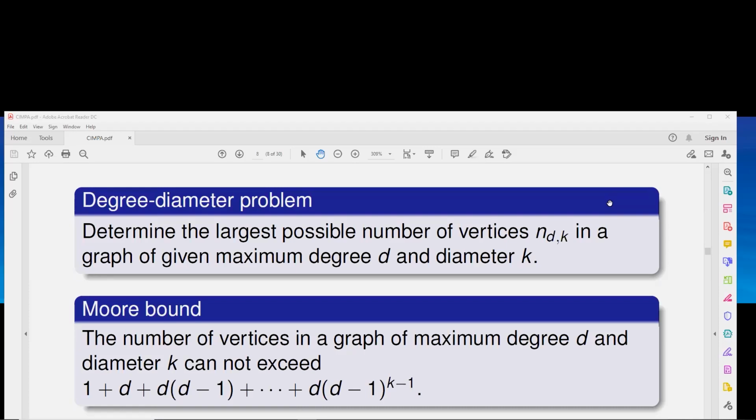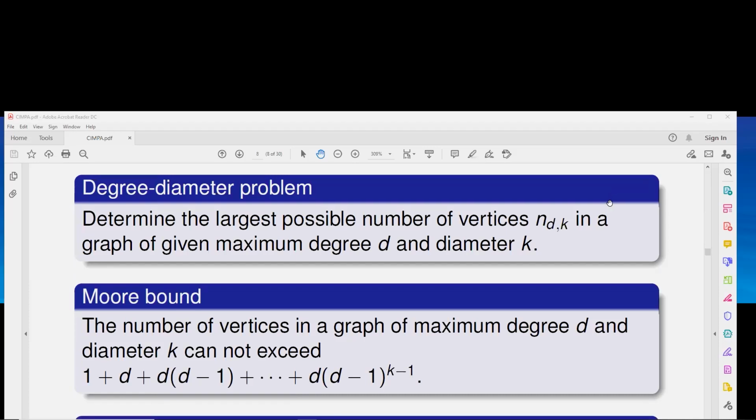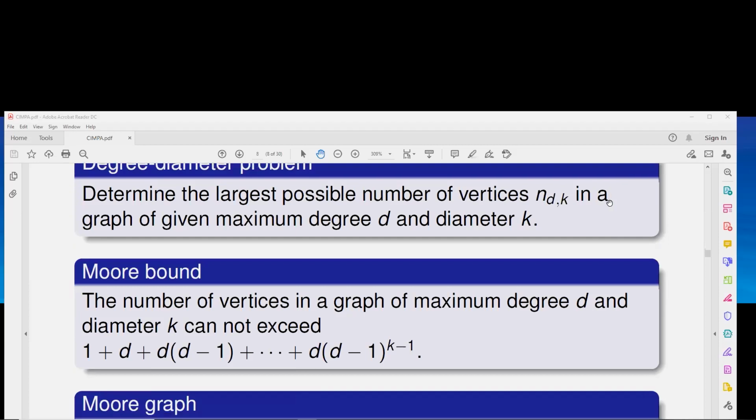As you can see here in the Moore bound, the Moore bound is actually the upper bound, which is telling us there is no way to find more vertices than the number of vertices which is mentioned here. In graph theory, the number of vertices, or order of a graph, is often denoted by n, and we are looking for n in terms of D and K. So let me put them as a lower subscript.